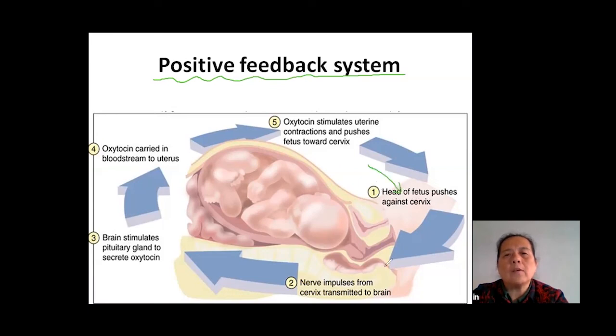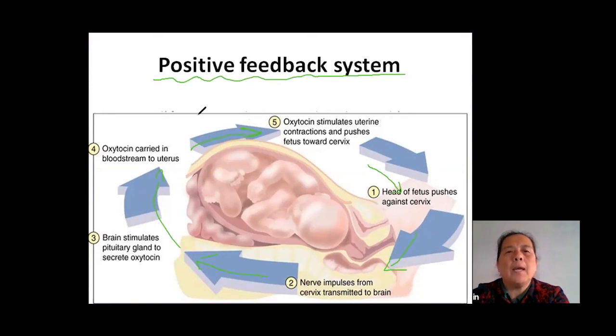So that's the cycle here: sending more information to the brain, and then the brain sending more information to the uterus, to the muscles, causing contraction, basically until the baby is totally delivered.